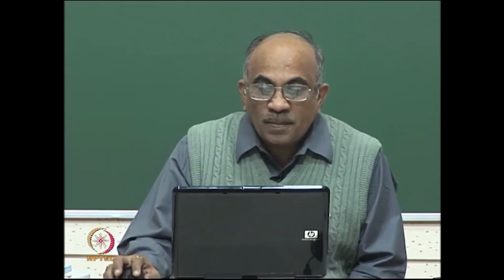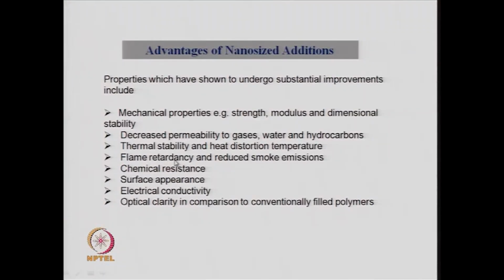So, if you coat these kinds of nanocomposite films, then you can have flame retardancy, and you can also have reduced smoke emissions if you have the right kind of film to control the carbon particles coming out with the smoke.